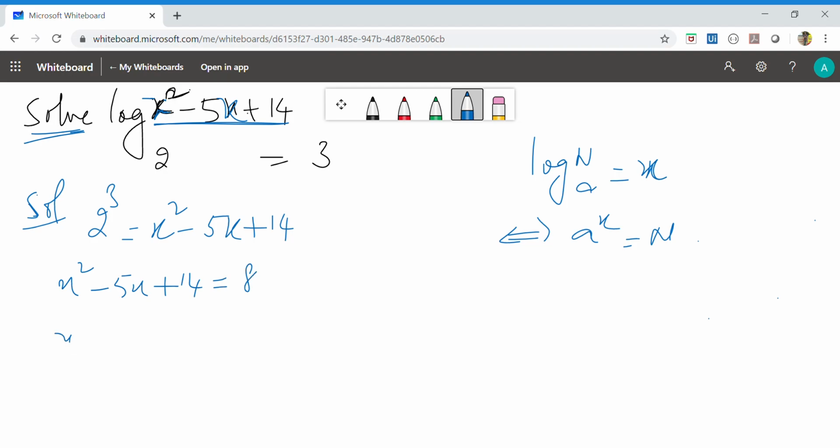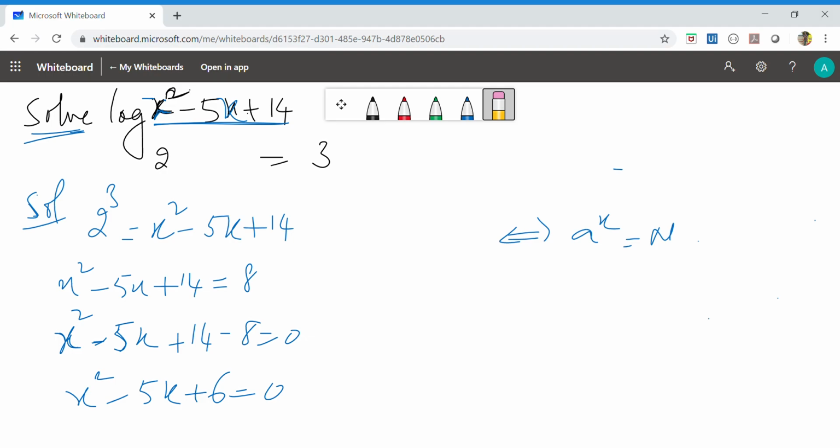So it becomes x square minus 5x plus 14 minus 8 is equal to 0. That is x square minus 5x plus 6 is equal to 0.